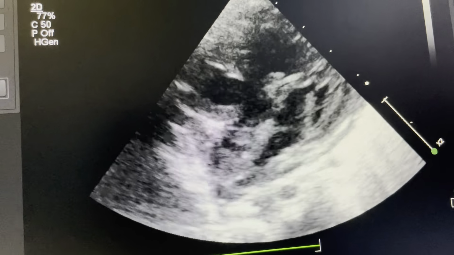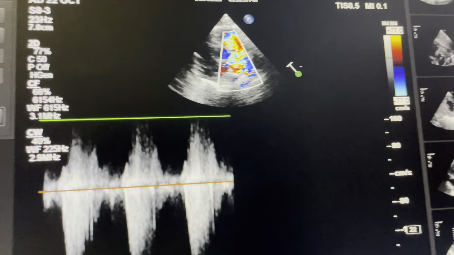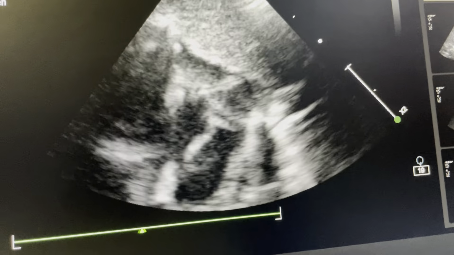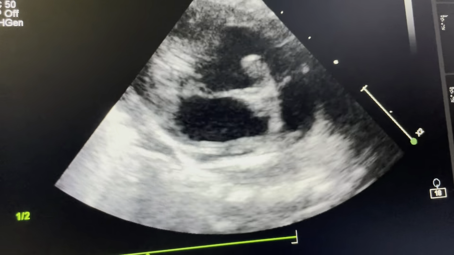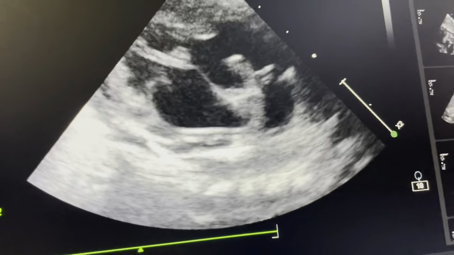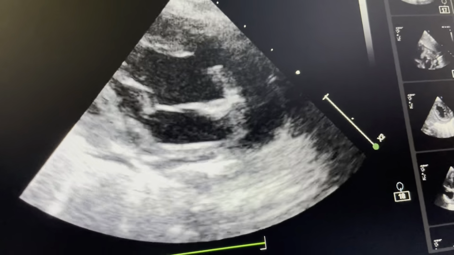Again, from the circulation point of view, how is the circulation being maintained in this case? Blood is coming to the right atrium. From the right atrium, it goes into the left atrium. From the left atrium it goes into the left ventricle.